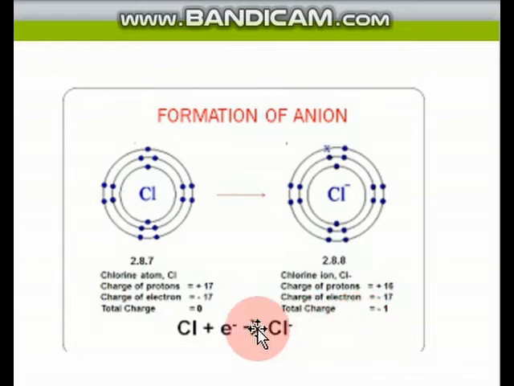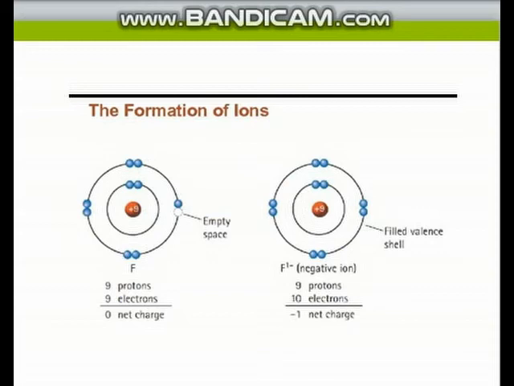Another typical example of the formation of ions is that of the element with 2 electrons in the first shell and 7 electrons in the outermost shell, and that is fluorine.